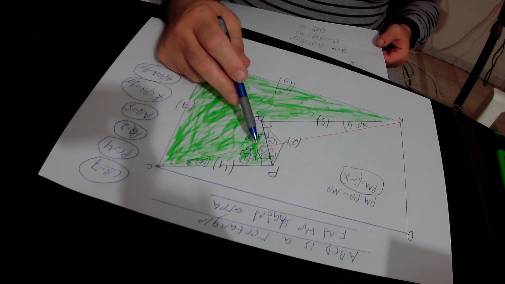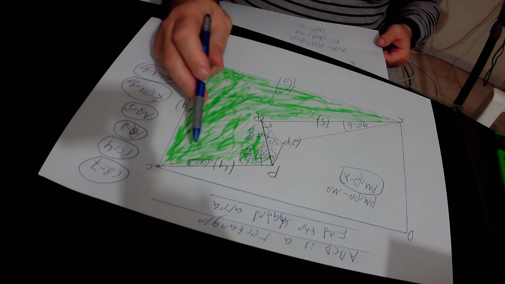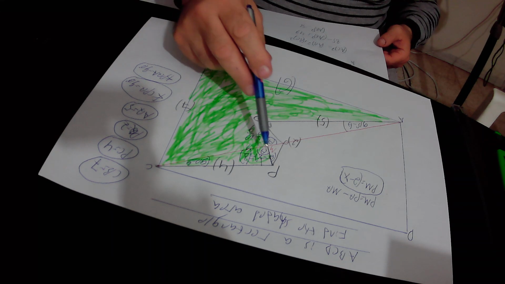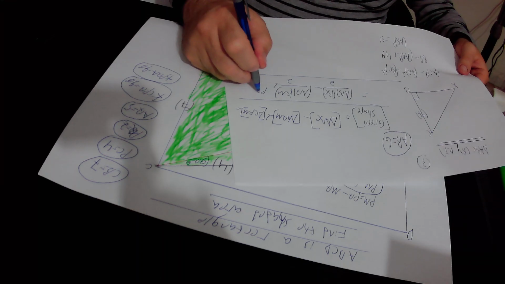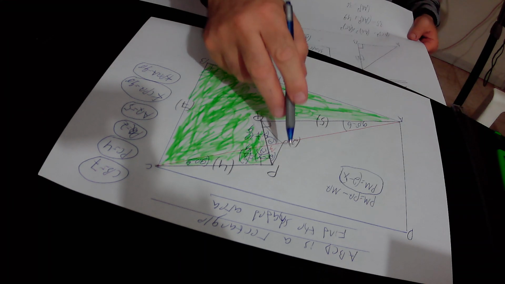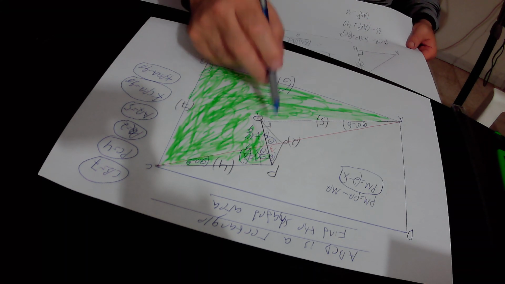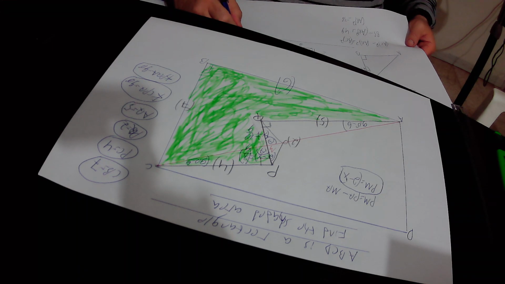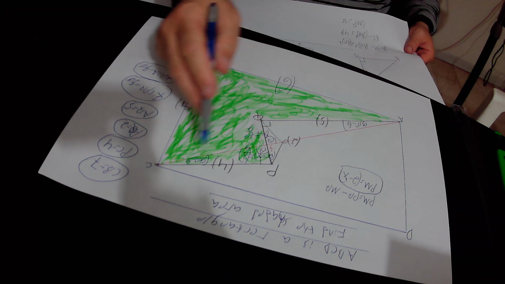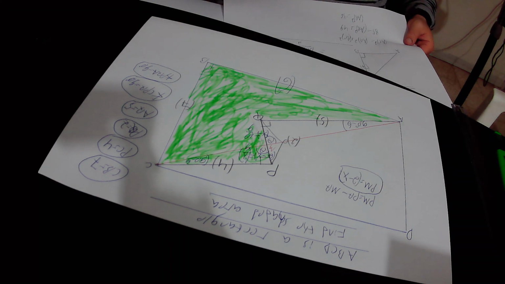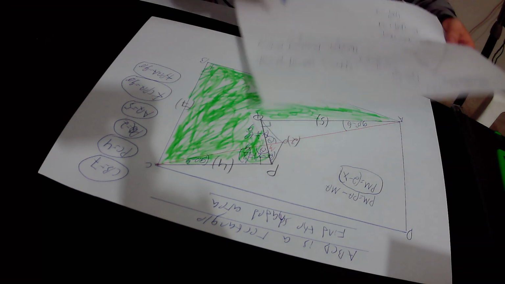What is the area of this small triangle PCM? It is equal to the base of the triangle, that is PC, times the height to the base, that is PM. Why is the height to the base PM? Because PM creates 90 degrees with the base PC, divided by 2.